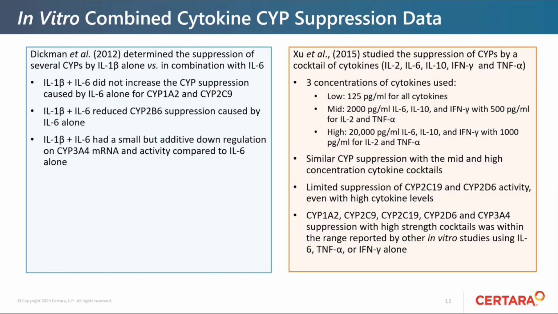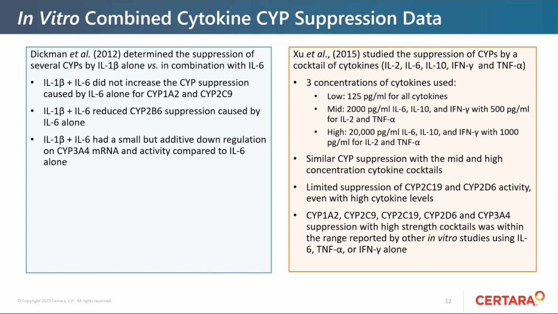These concentrations were determined using what's observed after blinatumomab dosing in lymphoma patients. What they saw is similar CYP suppression with the mid and high concentration cocktails, indicating that the suppression is probably already maxed out by the mid-strength cytokine levels.